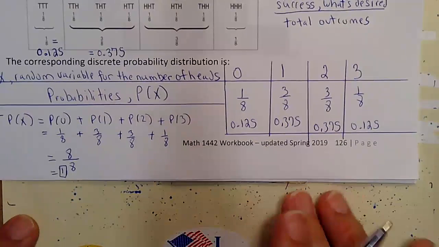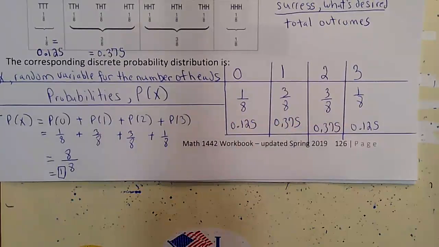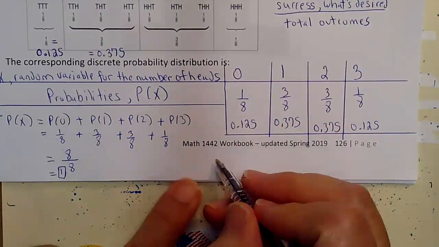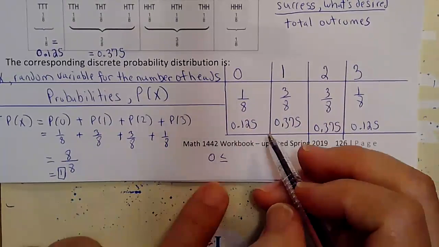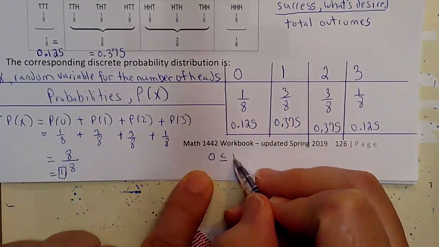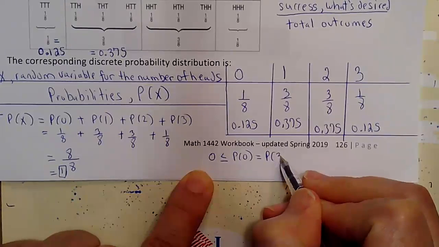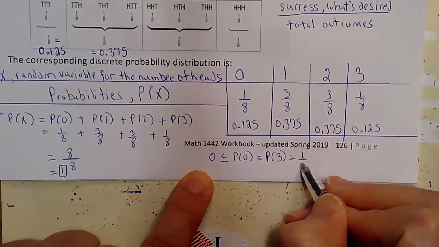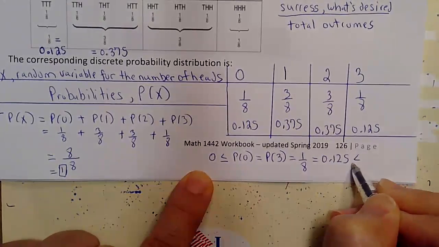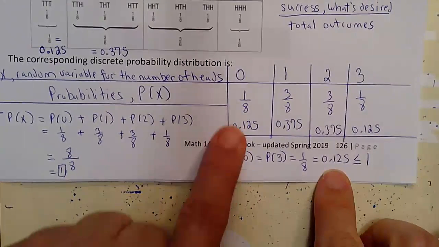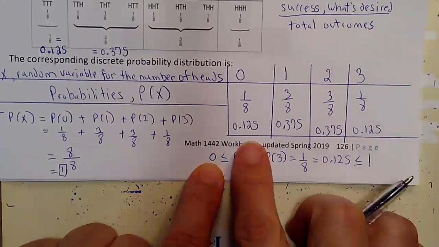The other requirement is that each probability has to meet the definition. So you're going to use the definition on your test when you take that test 2. Each of your probabilities. So like P of 0 happens to be the same value as P of 3, which is 1/8, which is 0.125. That's a number between 0 and 1. This is about 13 cents, right?